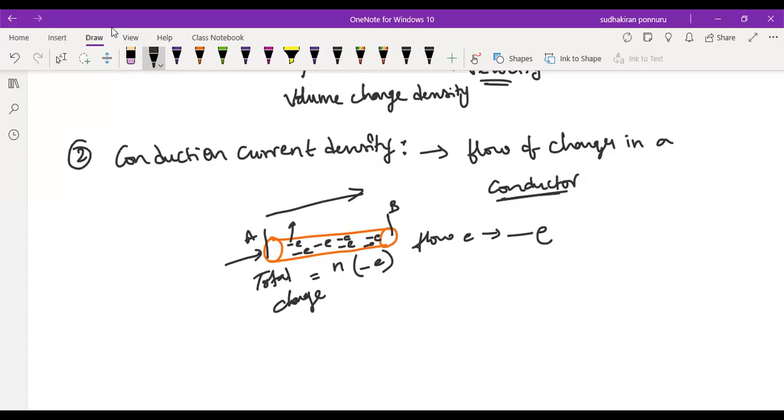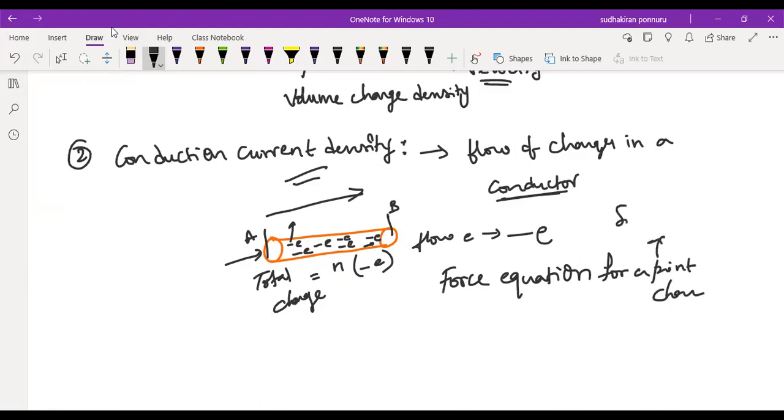Conduction. Now we are going to derive the current density for this type of flow of current, which is called conduction current density. Since we are talking about electrons, first we will write the force equation for a point charge. A point charge is nothing but a single electron.